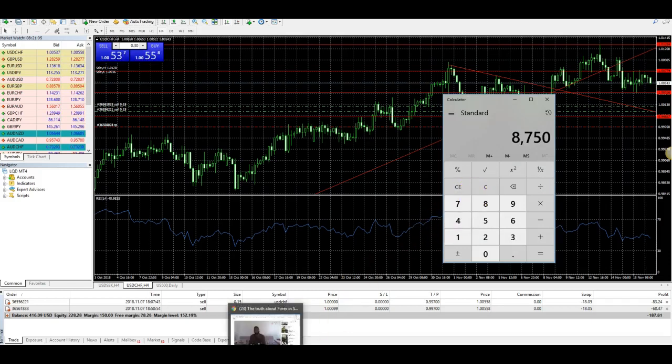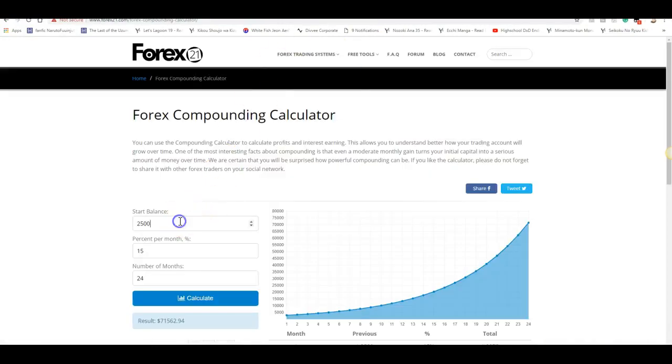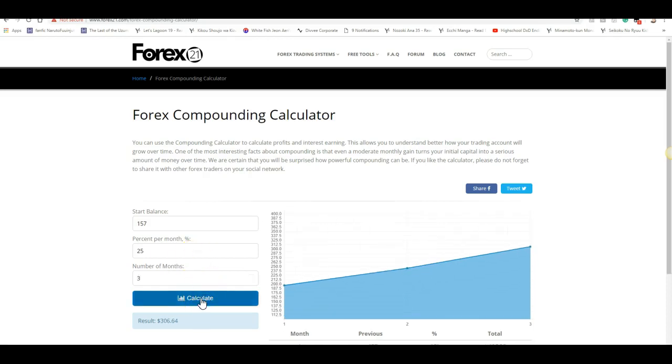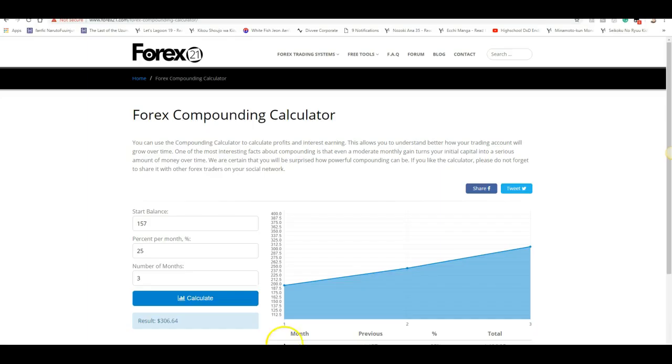If you go to the compounding calculator, 157, grow the account by about 25% for 3 months, because it's a 90-day build, the account would have hit $366. As you can see, the account is sitting at 416. So in reality, we've overgrown the account.